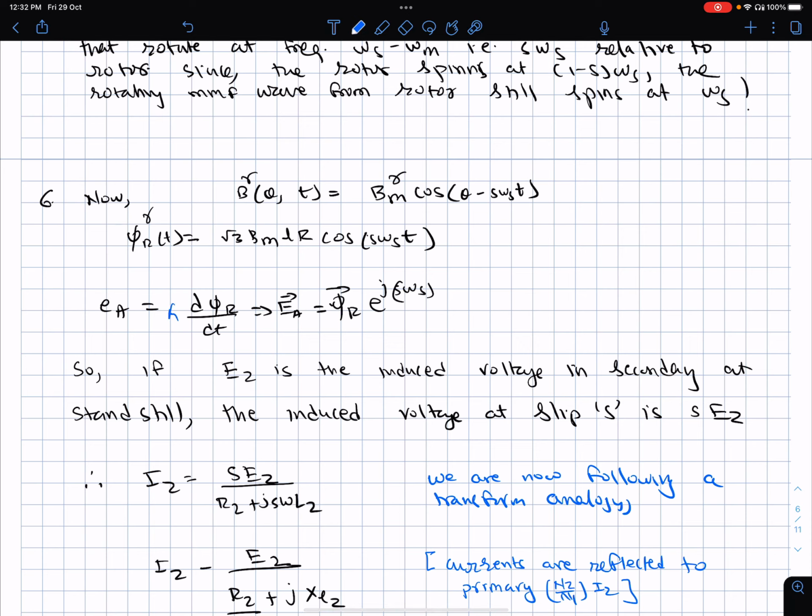I'll keep a factor k here to say that the effective number of turns has to be applied, and this means I will see a sinusoidal voltage, which means I can have a phasor representation.